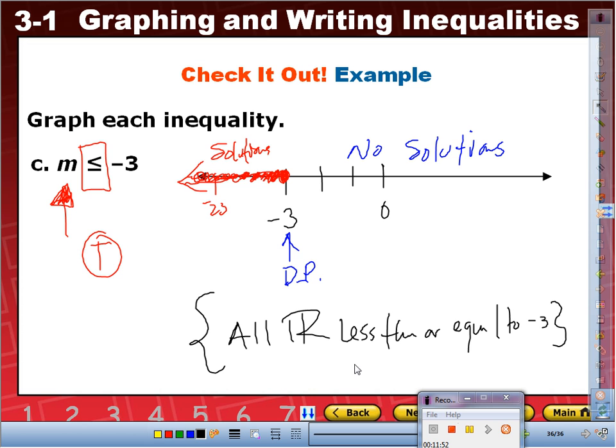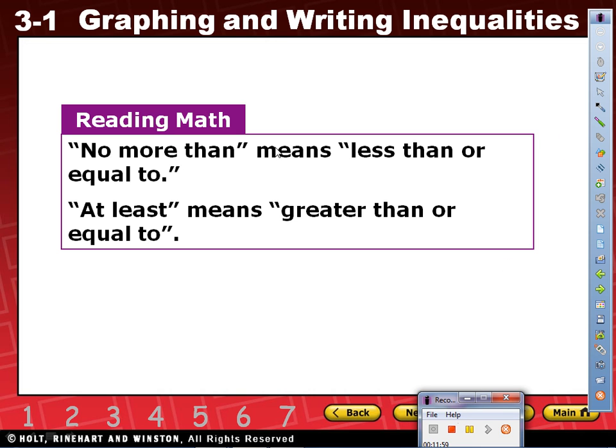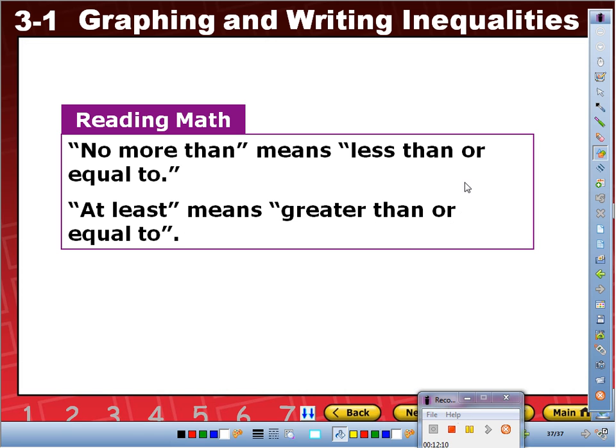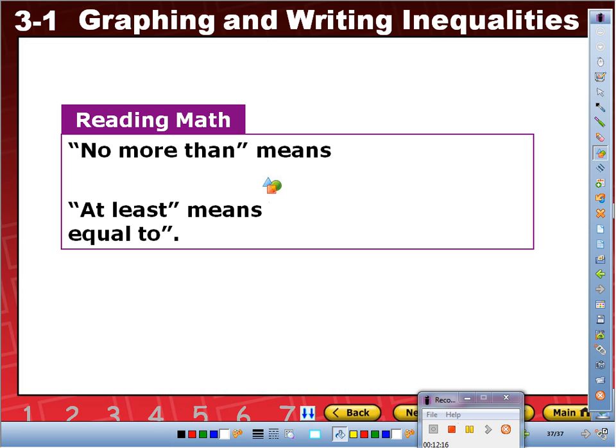Check this out. Copy this down. All right, so it says no more than means less than or equal to. At least means greater than or equal to. So copy that down, please. Let me do that in red.